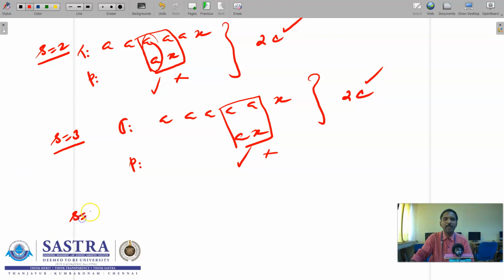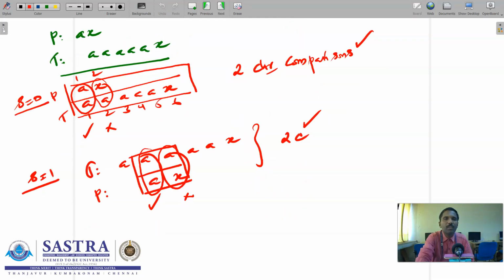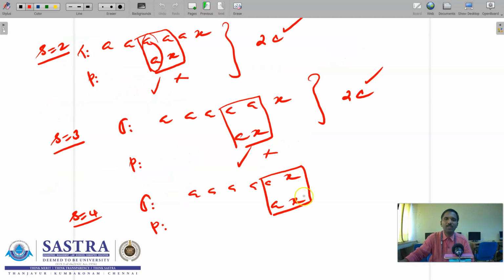Then incrementing the shift, S is equal to 4. The pattern array is moved one position right, so that here we have the pattern characters AX against the last two text characters. In this case, A and A match, X and X match. So here we have performed two character comparisons.